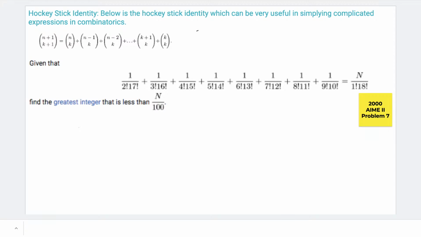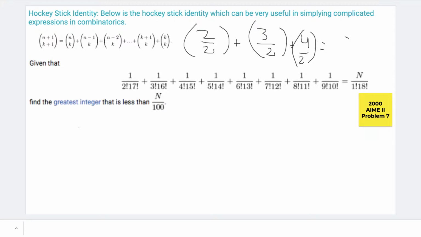If we have 2 choose 2 plus, let's say, 3 choose 2, plus 4 choose 2, then the hockey stick identity tells us that this is equal to 5 choose 3. So instead of finding each individual 2 choose 2, 3 choose 2, plus 4 choose 2, instead just find 5 choose 3. It's a lot easier, trust me.